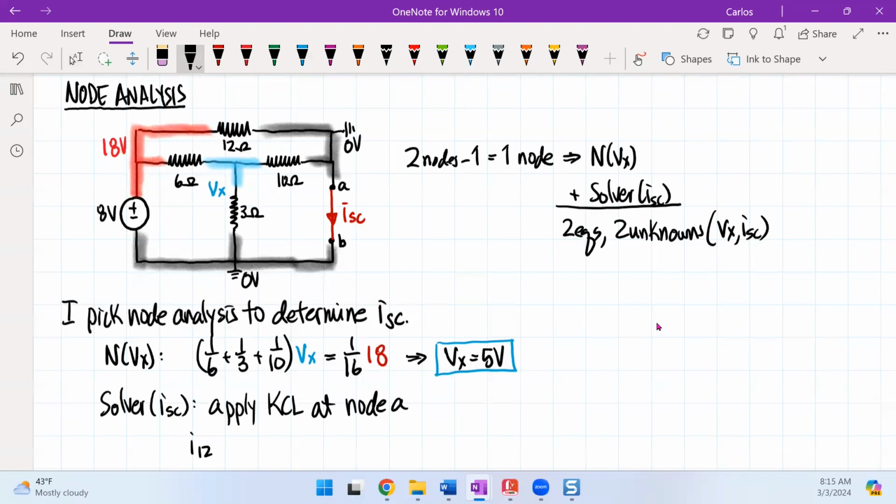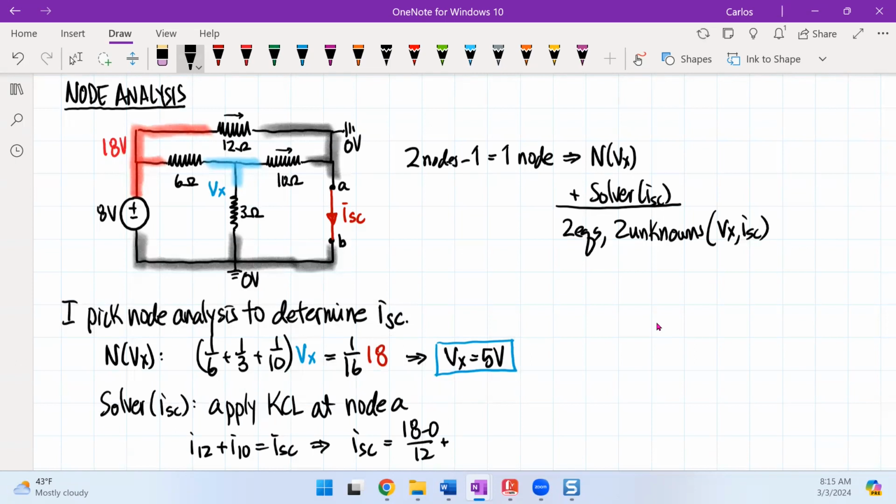I'm going to assume here that the currents are going this way, which they are. So then I12 plus I10 has to equal I short circuit. So then that tells me then I short circuit is then going to be the 12, which will give me 18 minus 0 divided by 12.